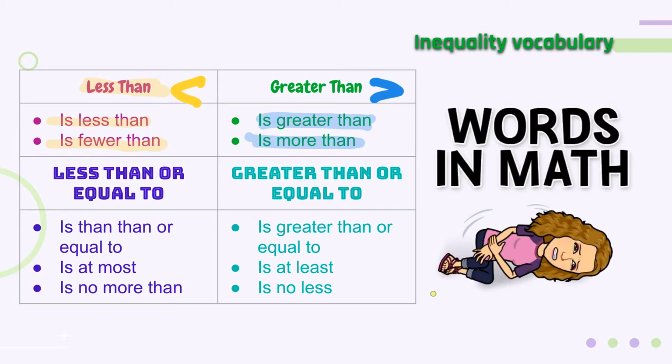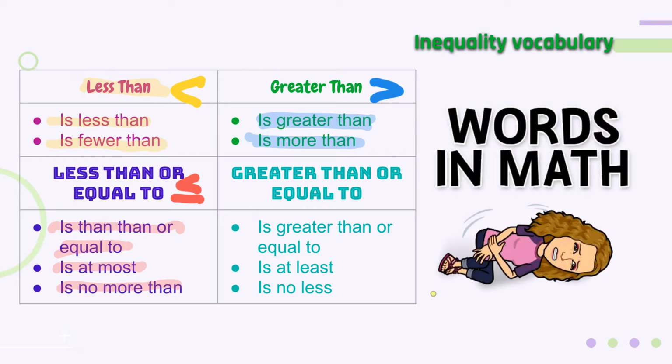Okay, now key phrases that represent less than or equal to: "is less than or equal to," "is at most," "is no more than." So these represent the less than or equal to sign.